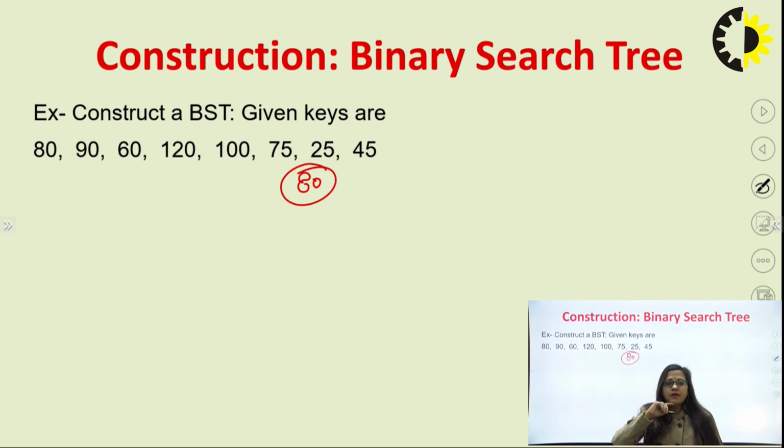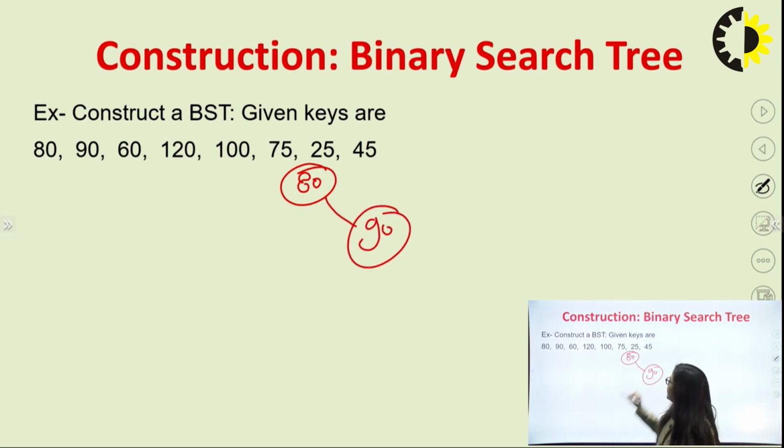First, 90 is easily added. Now 90 compared with 80: 90 is greater than 80, so it moves to the right side. Now the next value is 60, which is less than 80, so it moves to the left.